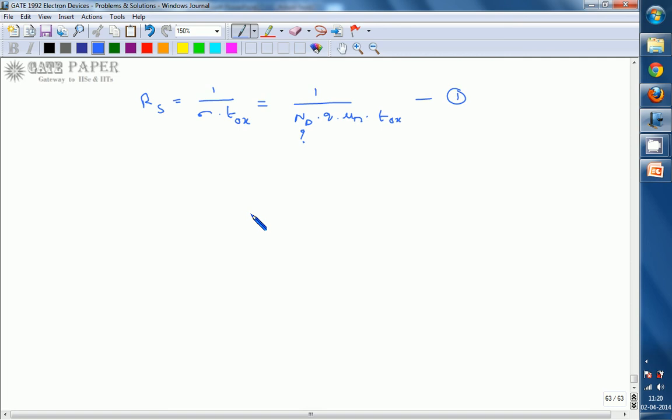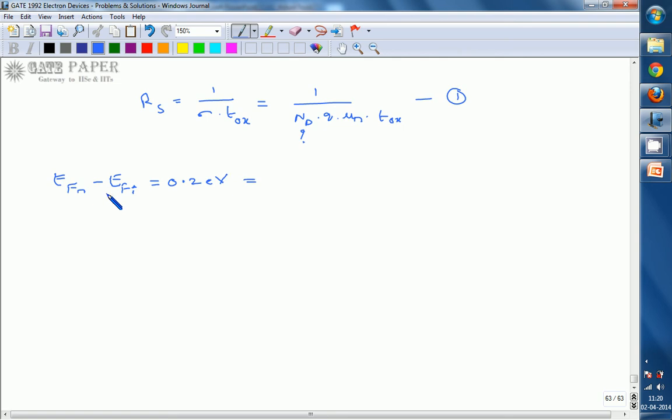So how do we calculate Nd? The Fermi level of n-type germanium is given, with EFN minus EFI equal to 0.2 electron volts.